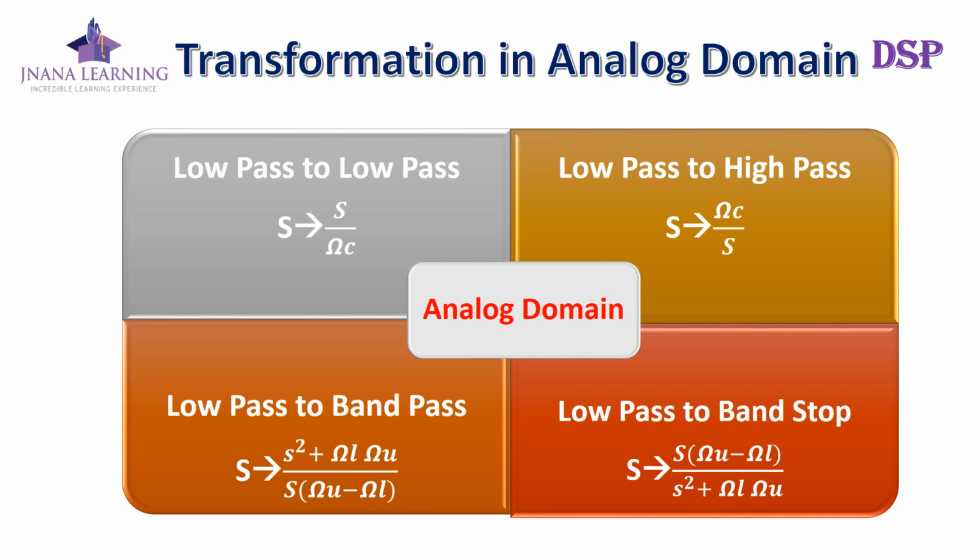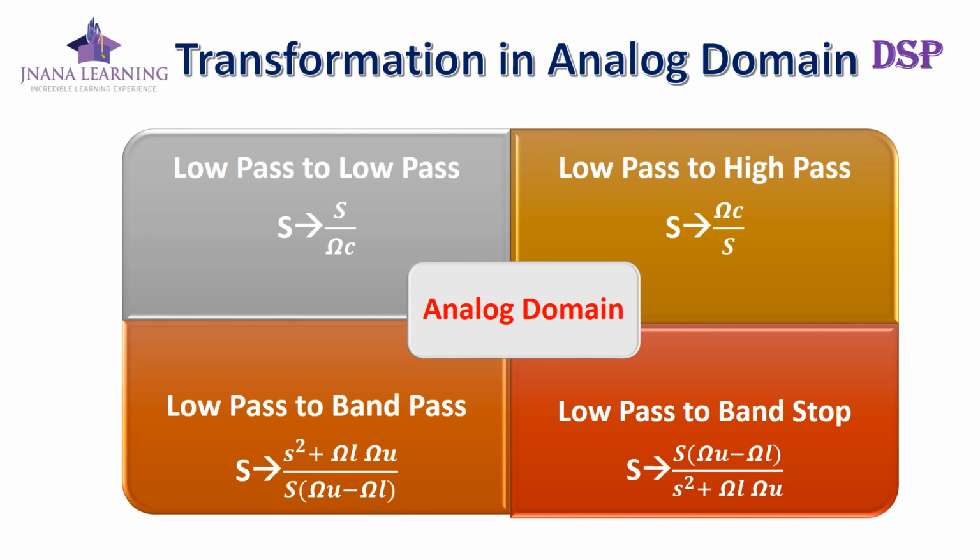Then if the requirement is for a high pass filter, band pass filter or bandstop filter, or a low pass filter with a different cutoff frequency, we go for the transformation, which is given here. First, the transformation from low pass to low pass: we design the analog filter for a normalized low pass filter using the Butterworth or Chebyshev design, but it is desirable to have a low pass filter with a different cutoff frequency.